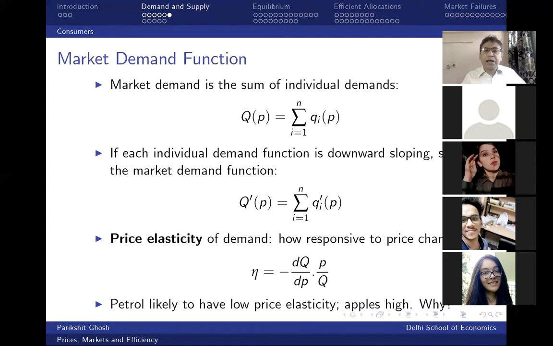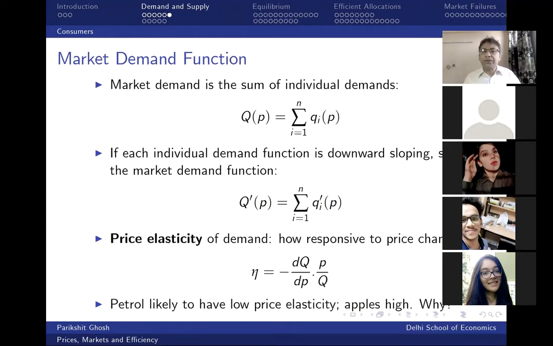And so if petrol prices rise, we don't expect demand to be that responsive. I mean, it will be cut back a little. People will try to, for example, carpool or use public transport maybe, but the scope for substitution or cutting back is relatively small. So price elasticity of something like petrol is going to be low, right?